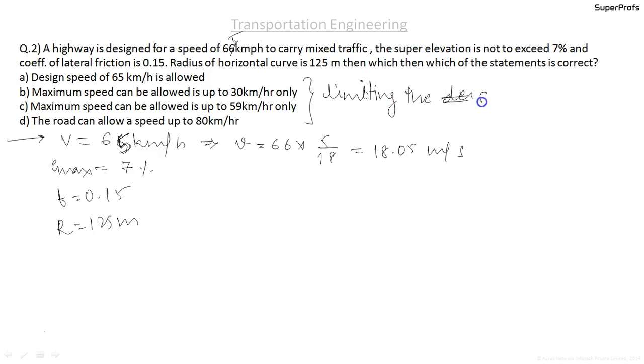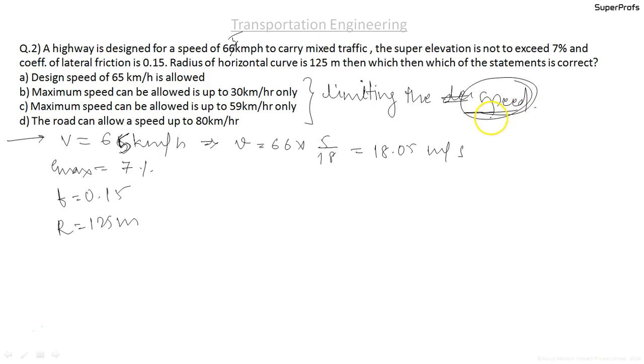Okay, limiting the speed. So where we studied this limiting speed? Step number 3 speaks about limiting the speed on the super elevation on the horizontal curve.